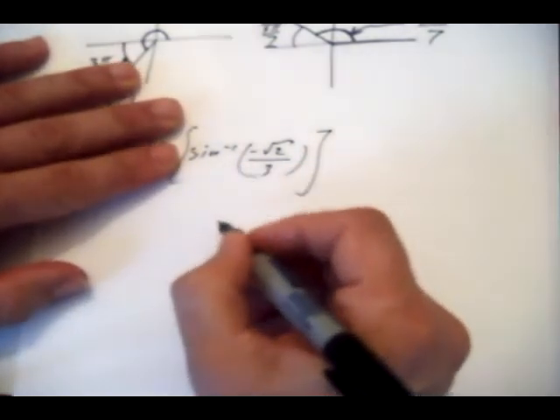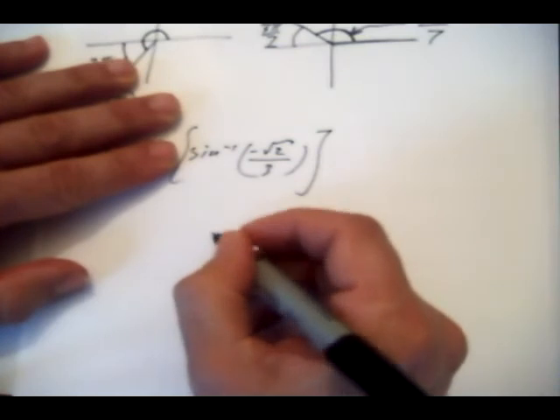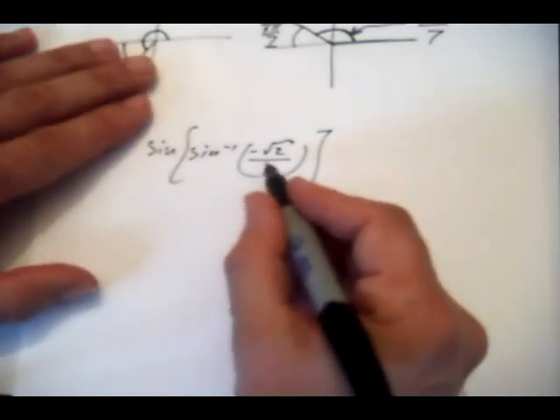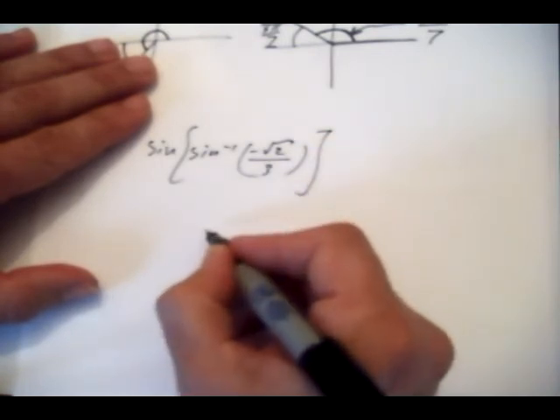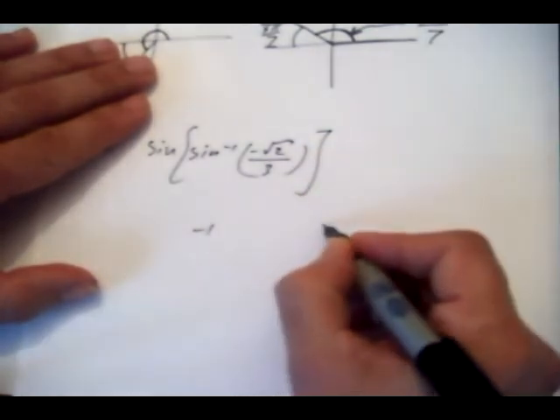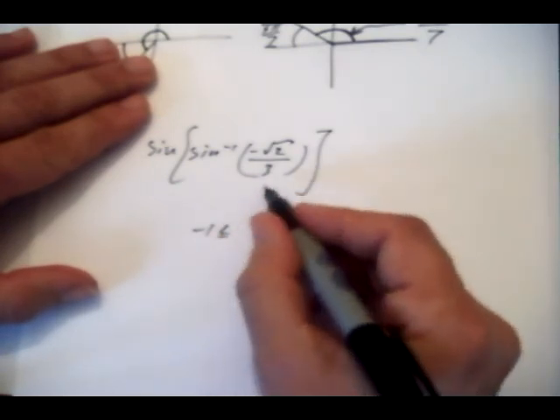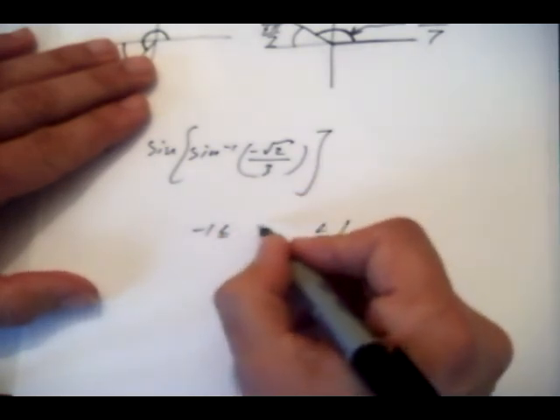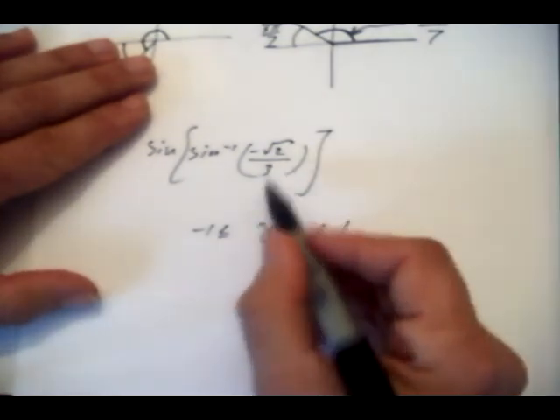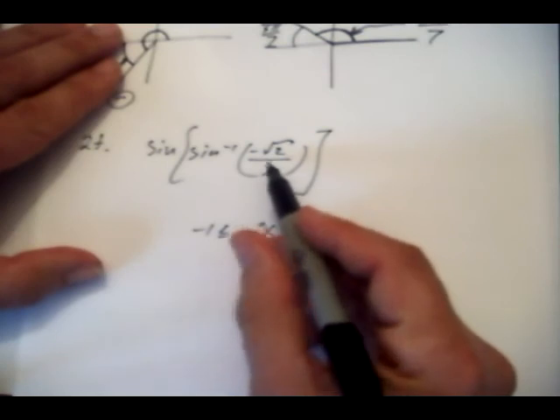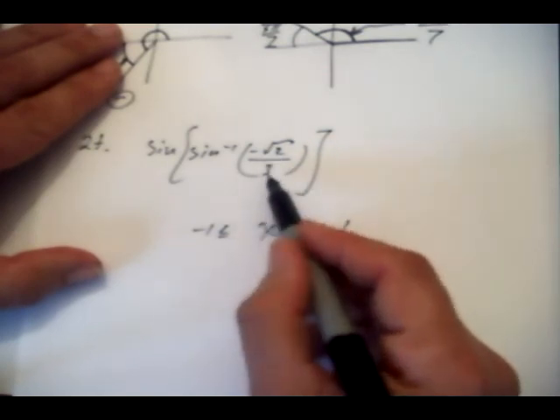This has to lie between -1 and 1, and since we satisfy this condition, x satisfies the domain condition.